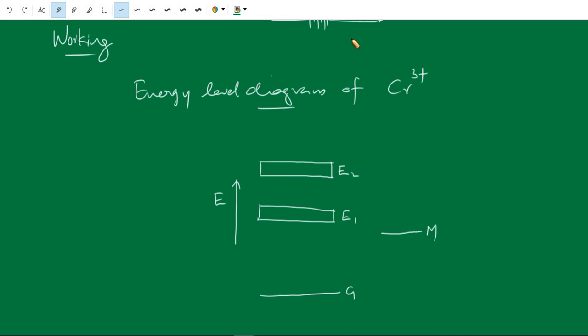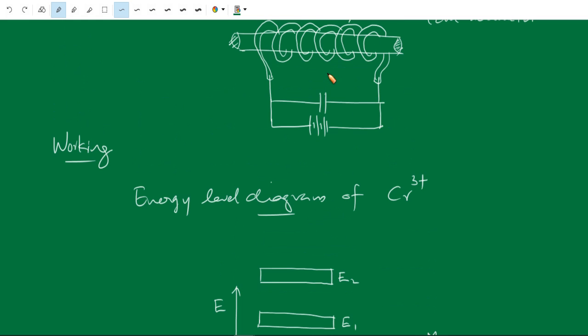The flash lamp is connected to the capacitor and the high voltage source, about 10 kilovolt. Due to the discharge of this capacitor, the flash lamp glows and irradiates the rod. A large power is created because of this arrangement.